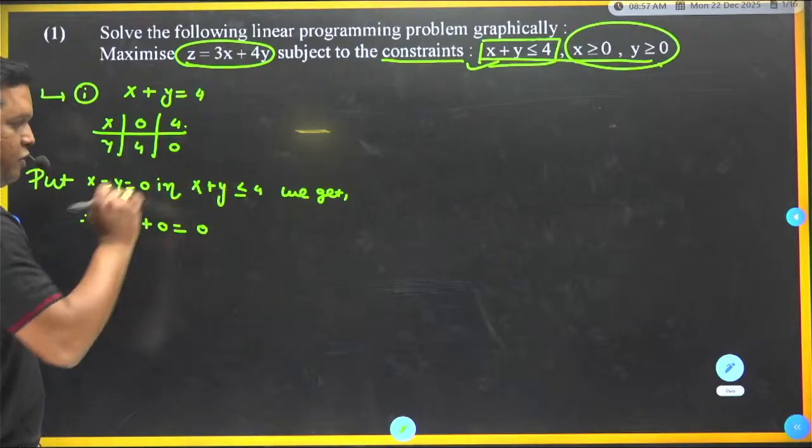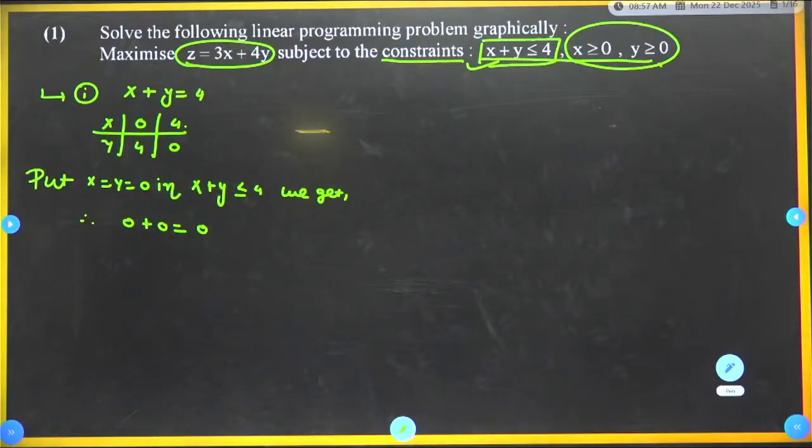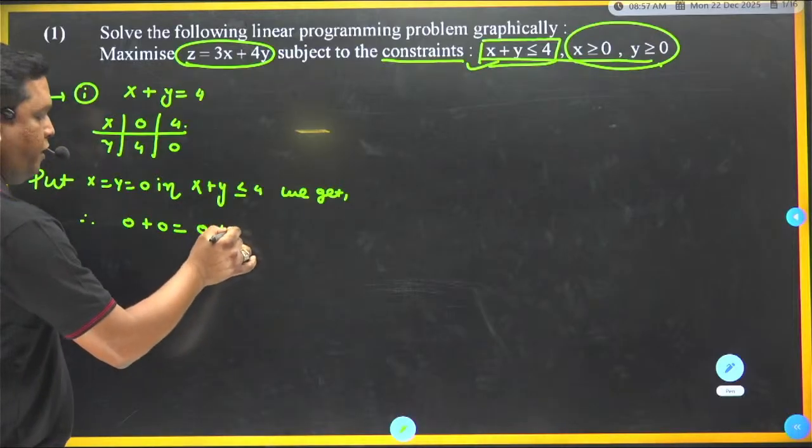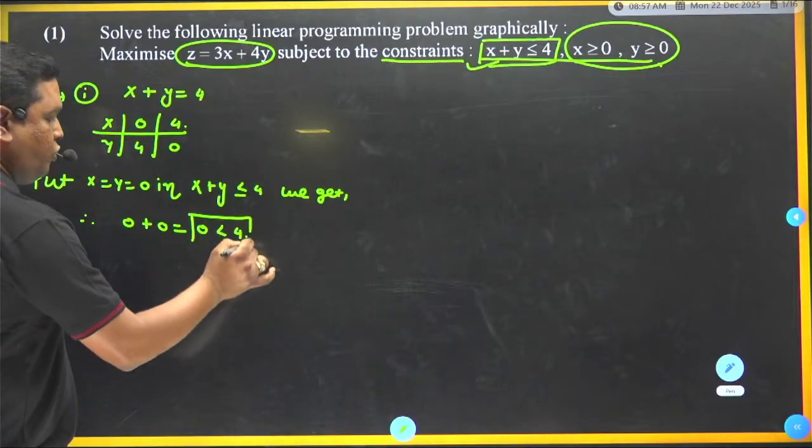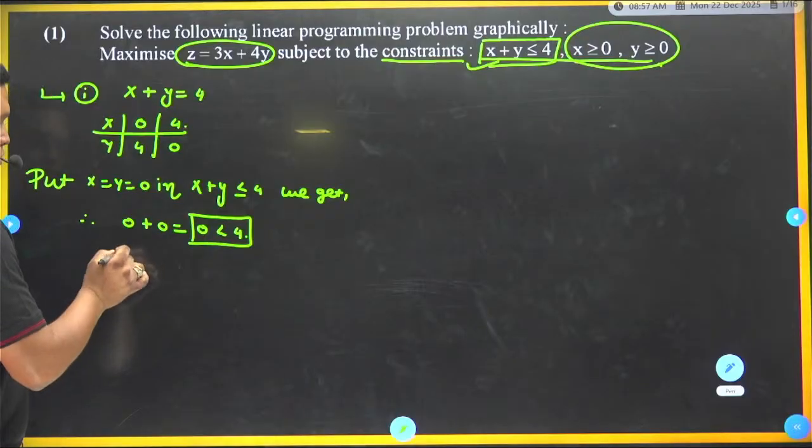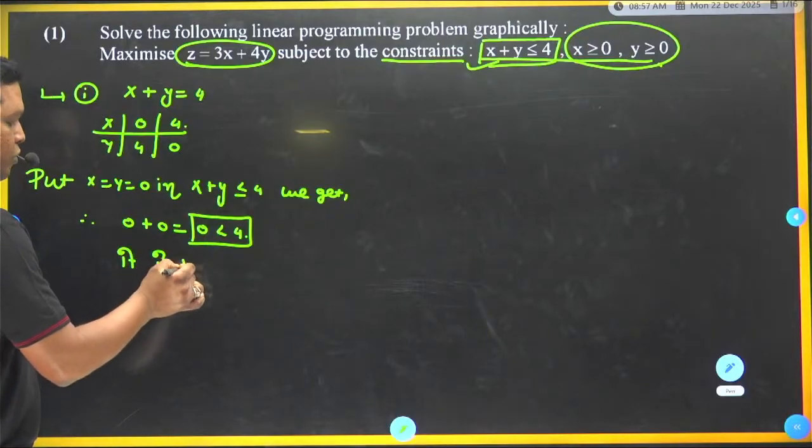So 0 is less than 4. Is it true? Yes, it is true.